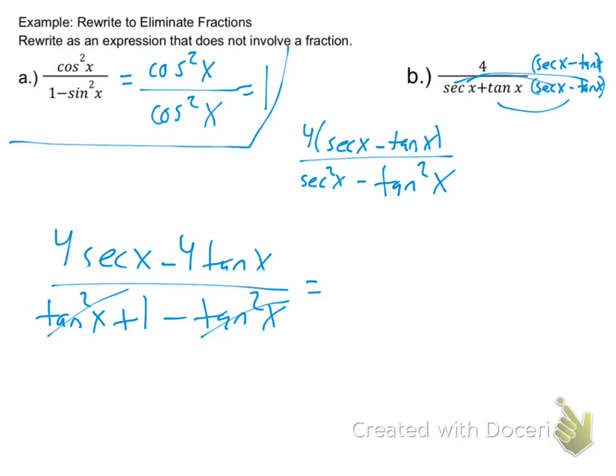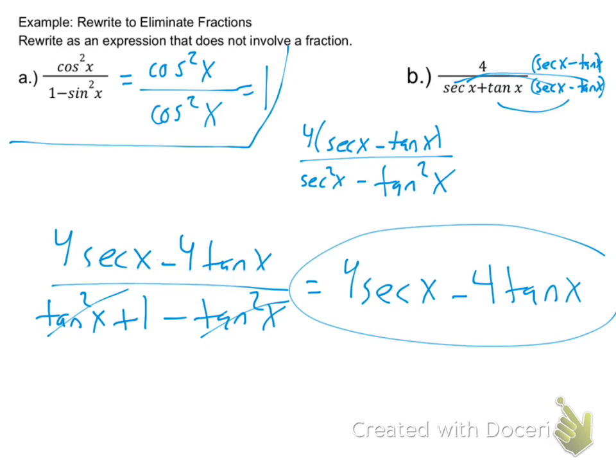And it's all over 1. So the answer is 4 secant x minus 4 tangent x. No fractions. Even though tangent and secant would be considered to be 1 over cosine and sine over cosine, because I'm using the appropriate function, the fraction's not there anymore.